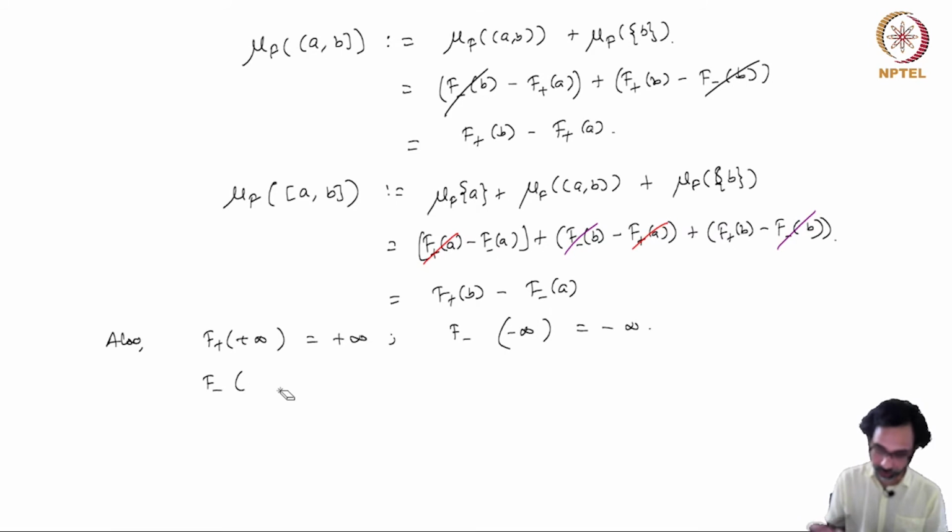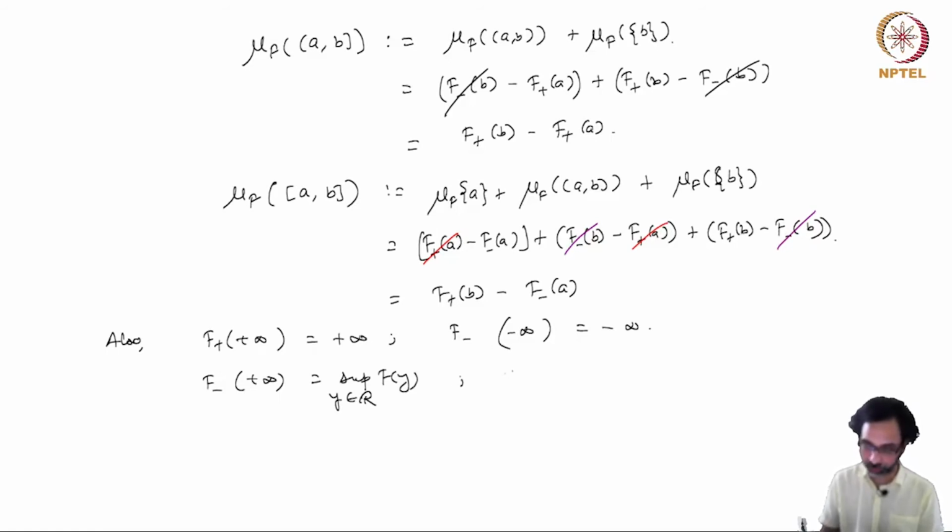And here f minus of plus infinity is the supremum, because we are approaching from the left, so it's the supremum of all values f(y), and when you approach minus infinity from the right, then you should get the infimum of all values f(y).